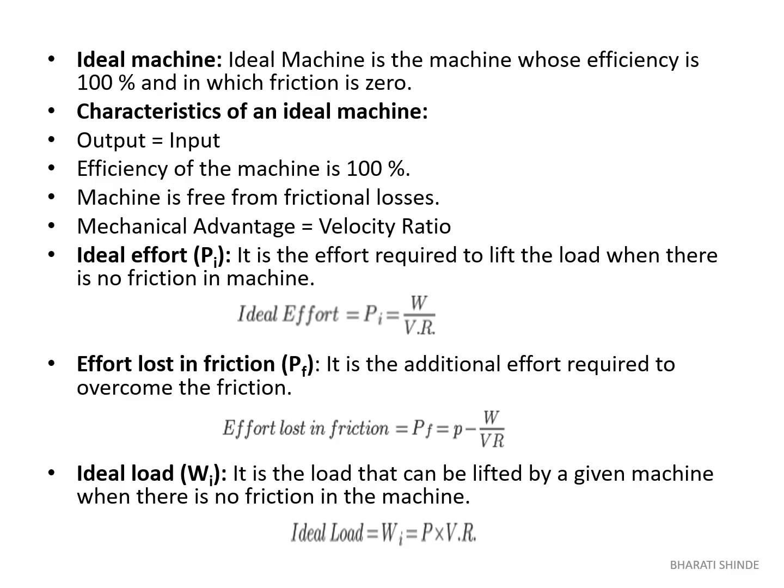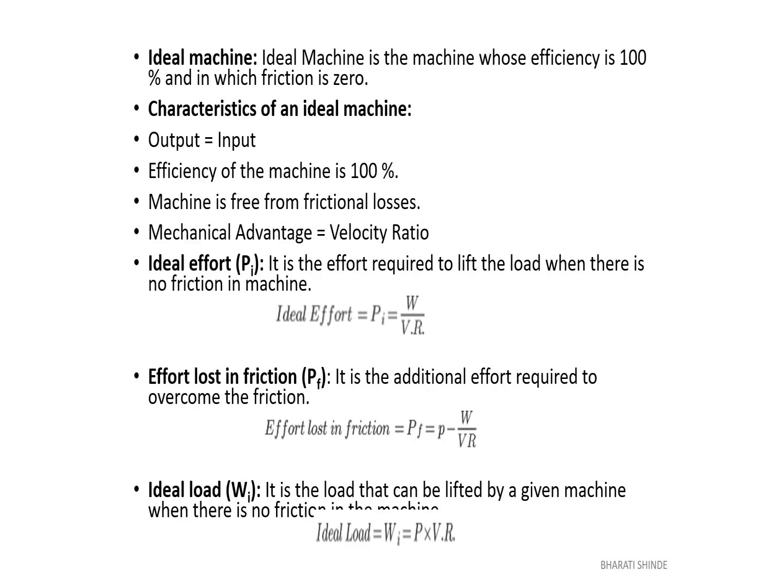Then MA is nothing but W upon PI. As we have seen, MA is nothing but W upon PI. So W upon PI is equal to VR. So PI, that is ideal effort, is equal to W upon VR. So MA is equal to VR.